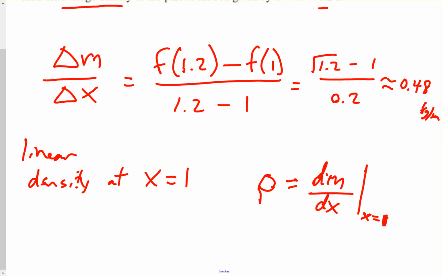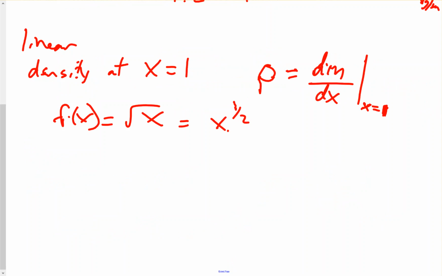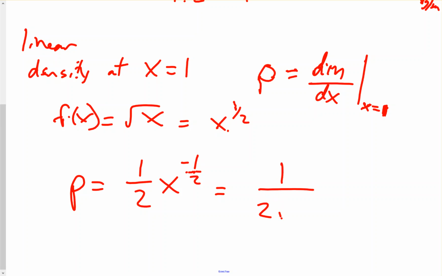So if the function is square root of x, which is x to the 1/2, then to get rho we take the derivative, so we'd have 1/2 x to the negative 1/2, in other words 1 over 2 square root x.